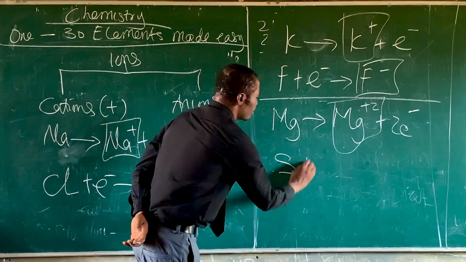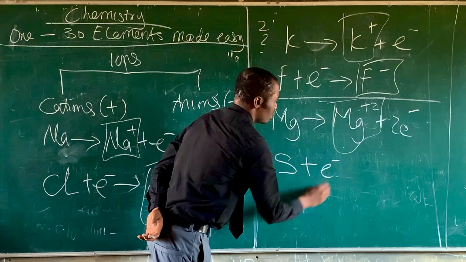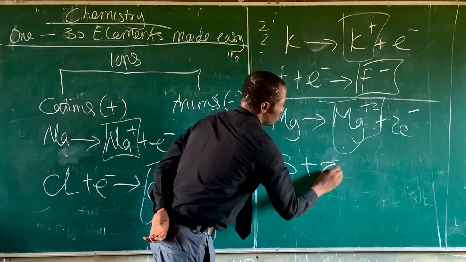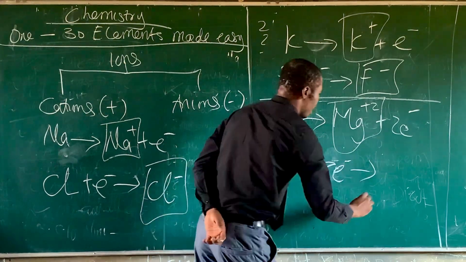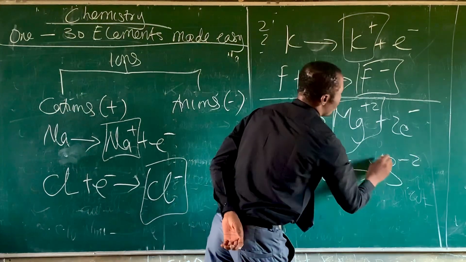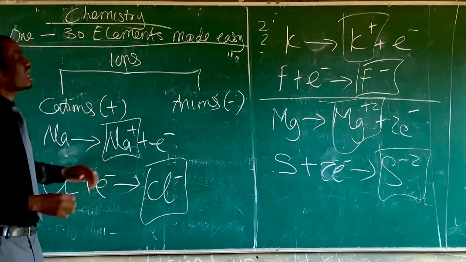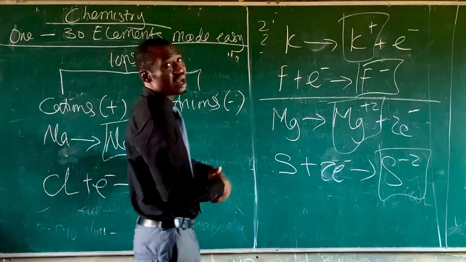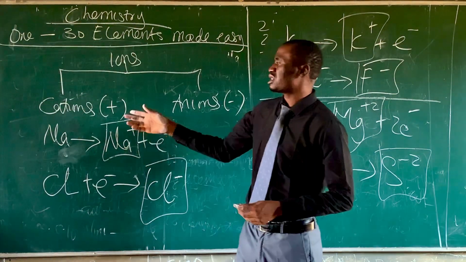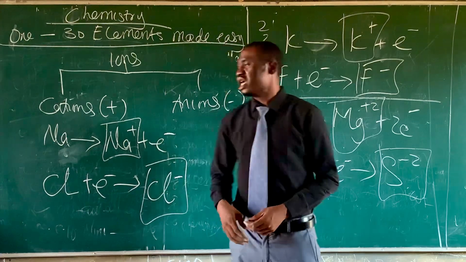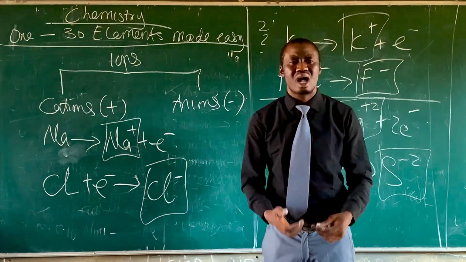So sulfur can receive 2 electrons. And when it receives 2 electrons, it becomes sulfur ion, negatively charged. The difference is this. Any element that has a charge is called an ion. If it is positive, it is called a cation. If it is negative, it is called an anion.